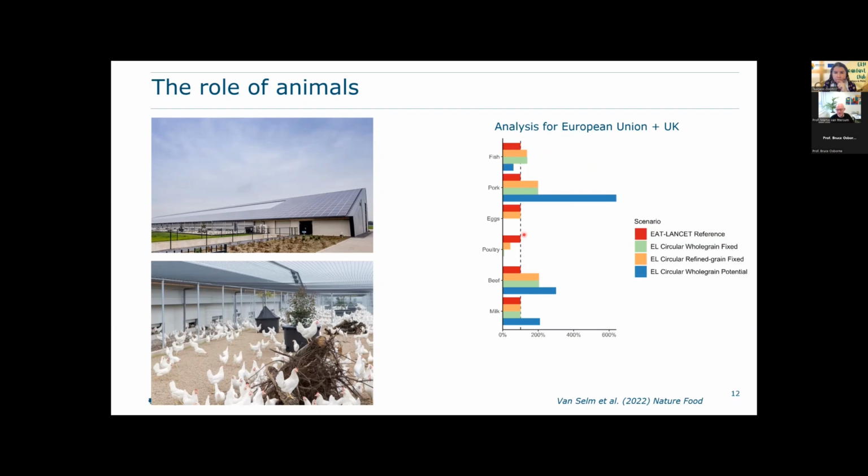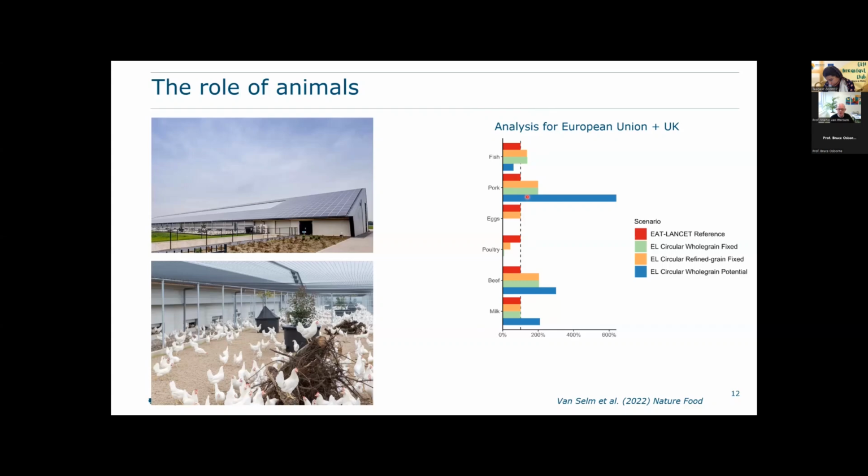Now, indeed, that study shows that this is possible. This is the 100% Eat Lancet situation, so according to the Eat Lancet reference diet. And you see that overall, across all the animal products, it's possible with the three circular scenarios to produce enough animal proteins.